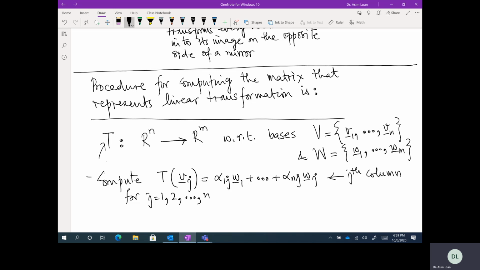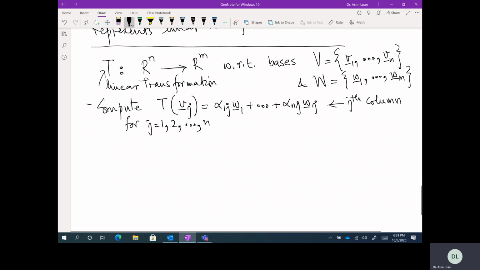So this is some linear transformation, and we want to find the matrix that represents it.